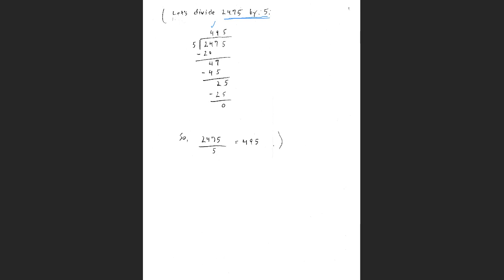You subtract, and you bring down the 7 to get 47. 5 goes into 47 9 times. 9 times 5 is 45, and then you subtract and now you have a remainder of 2, bring down the 5 to get 25. Then 5 goes into 25 5 times, and you subtract, you get a remainder of 0. So this is the process of division.